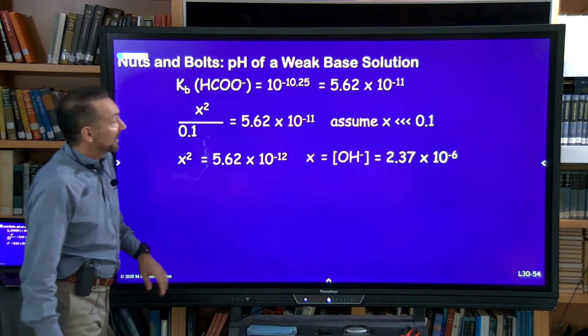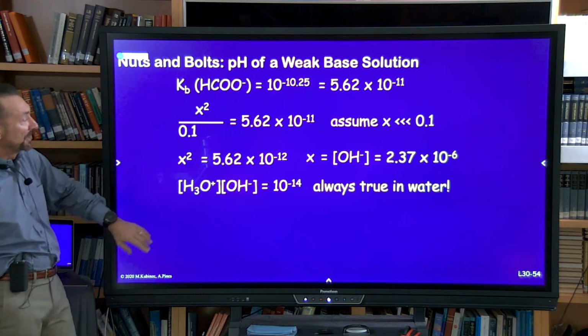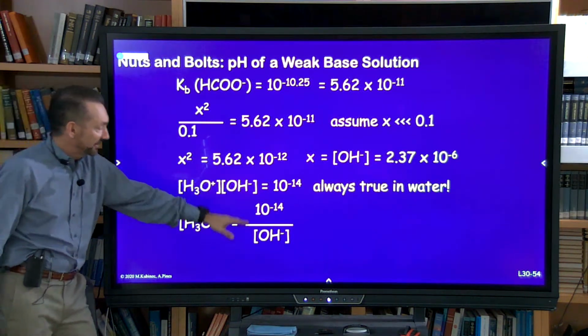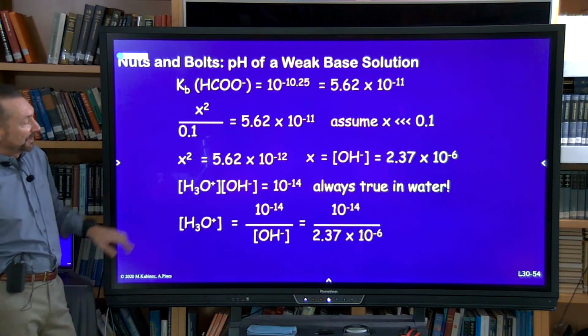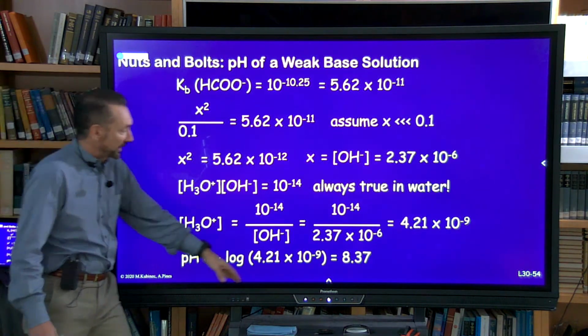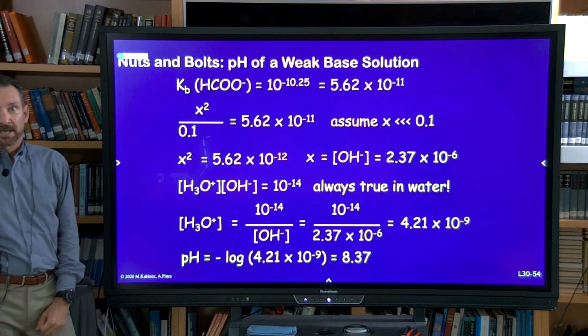If we do that exact number, so let's go ahead and do that calculation. H3O plus times OH minus is 10 to the minus 14th. Always true in water. So H3O plus is this. We can do that number, and we'll get that number around 8 that we expected to get for the pH.